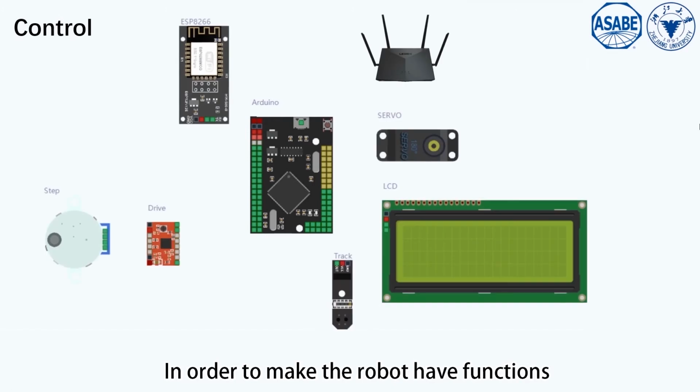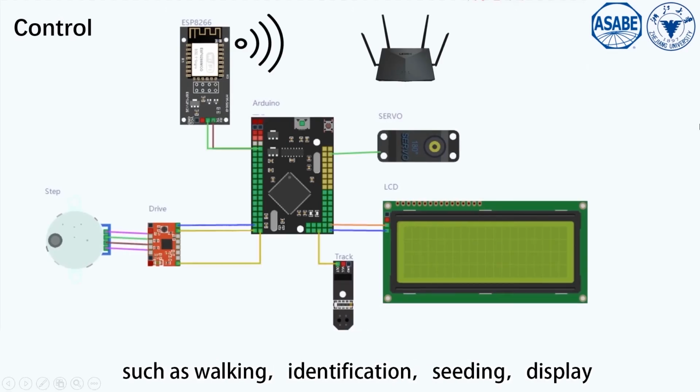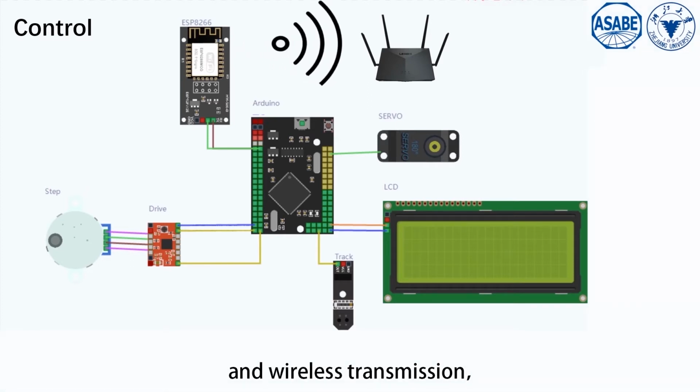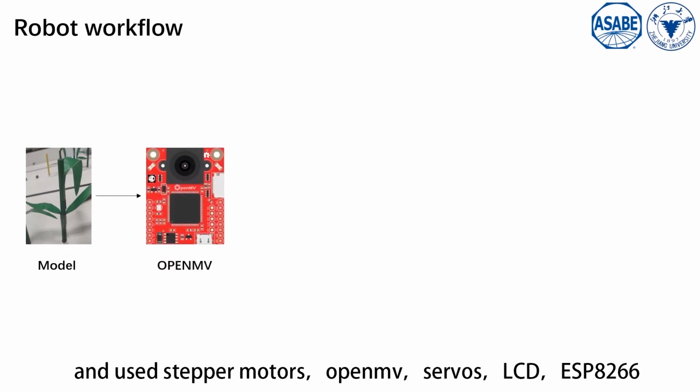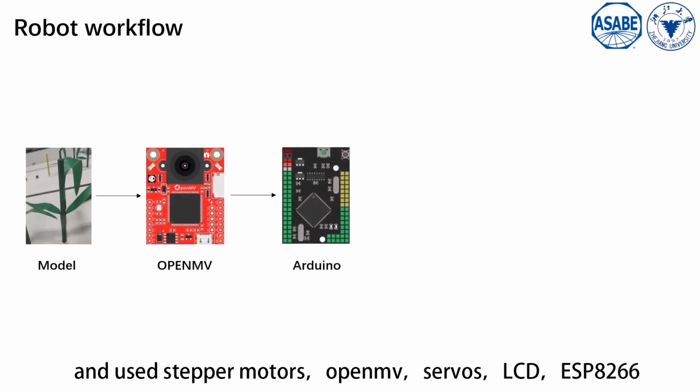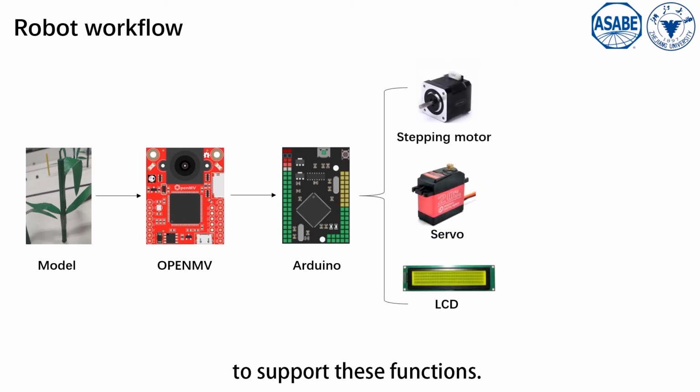In order to make the robot have functions such as walking, identification, seating, display, and wireless transmission, we chose Arduino as the main control board and used stepping motors, OpenMV, servos, LCD, ESP8266 to support these functions.